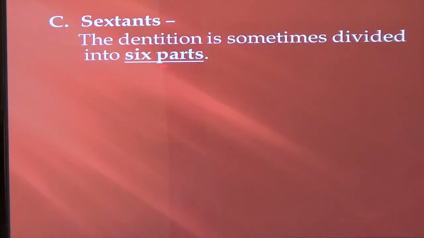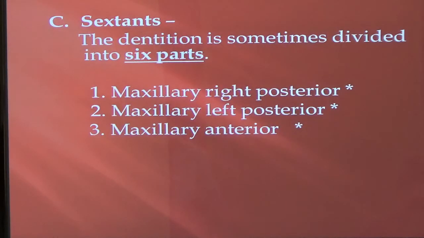Now it gets a little tricky when we do sextants. So sextants means that we're dividing the teeth or the mouth into 6 parts. So the dentition is sometimes divided into 6 parts. Maxillary right posterior, maxillary left posterior, and maxillary anterior.